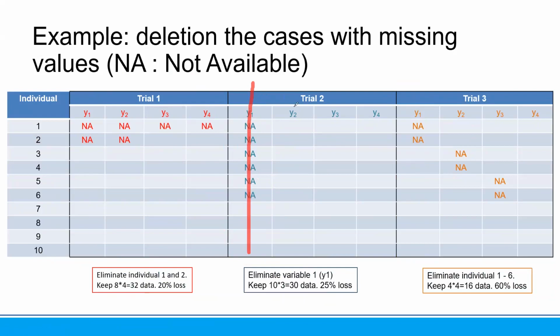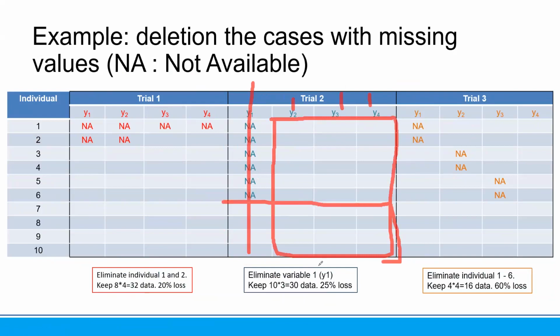We still have 3 different columns, so it is enough. If you look at the numbers of the data, we can keep 3 multiplied by 10, so we can have 30 data. But if we delete by rows, we have only 16 data. So which do you want?